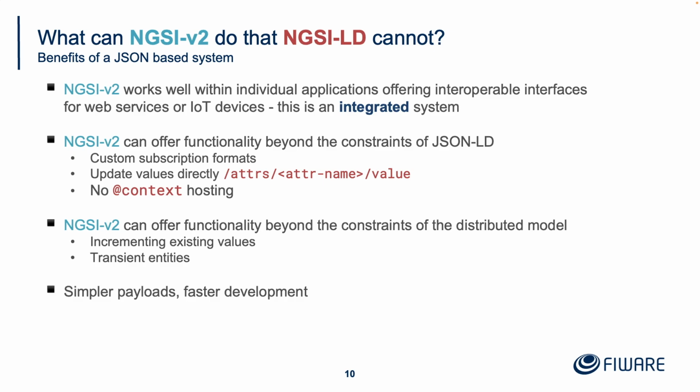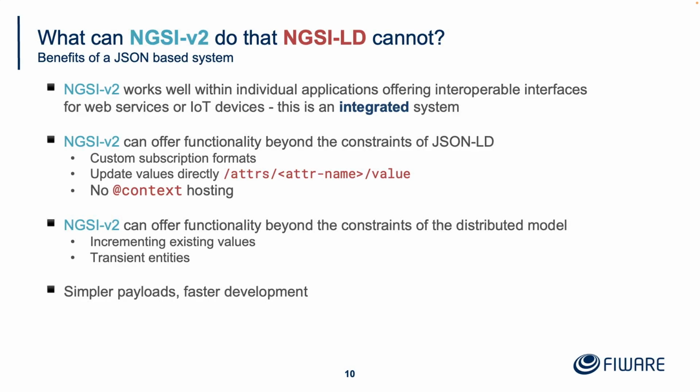Well, that's because I have my context broker, and my context broker is the source of truth for my system. That's great. It's not the case that I have a context broker and it's federated with another 20 different context brokers, and they all have access to that value.